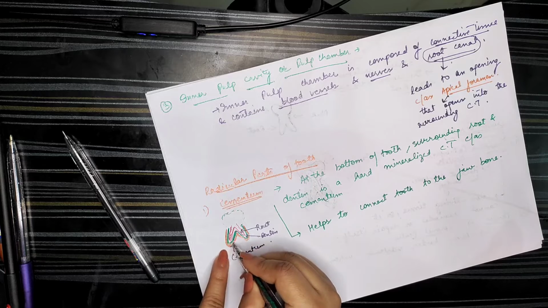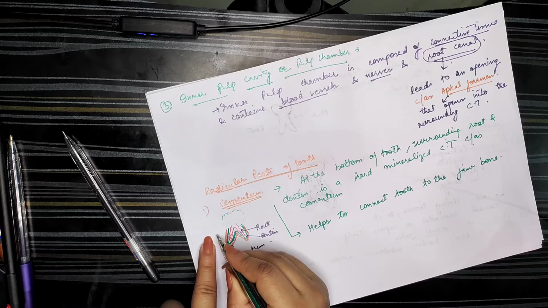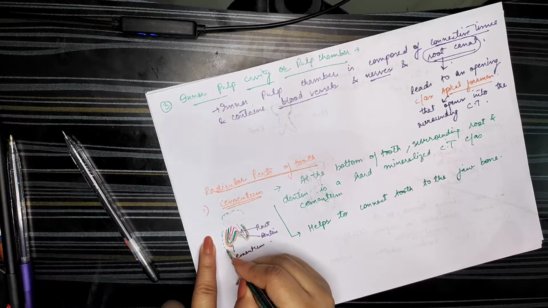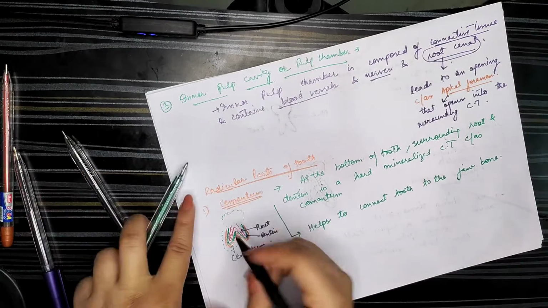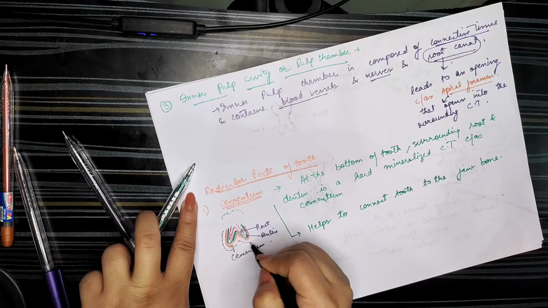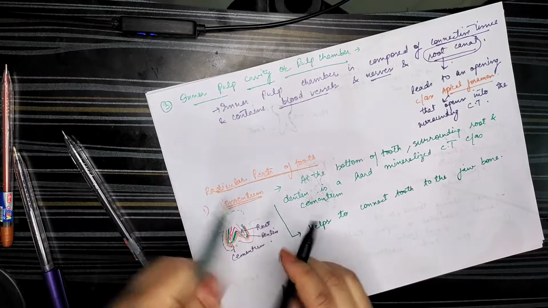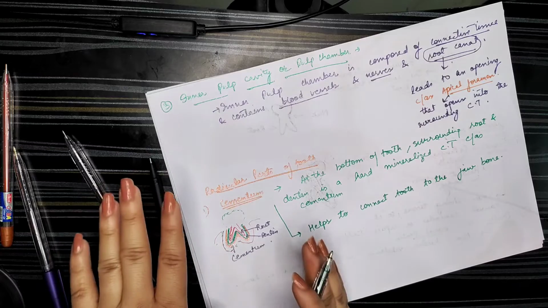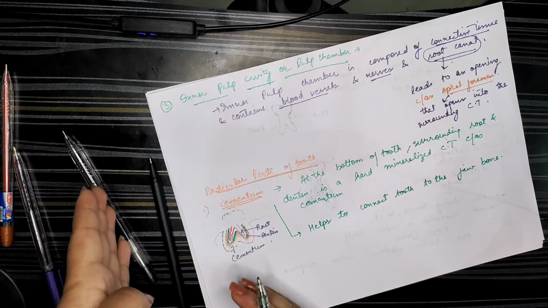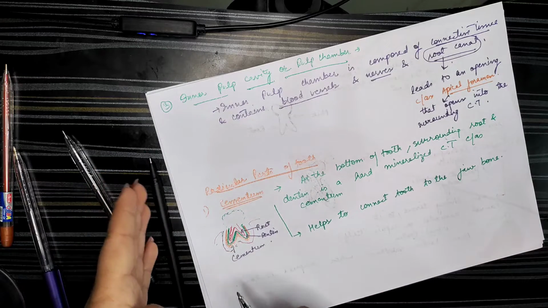So this is cementum, this is tooth, and below, it is surrounded by the jawbone. And the structure which helps the tooth to connect with the jawbone is known as PDL.